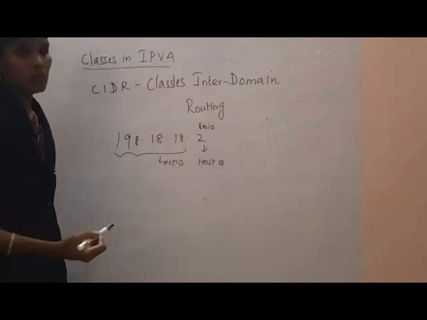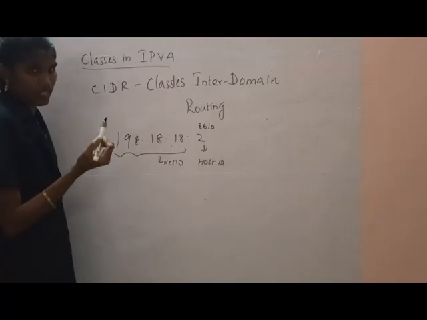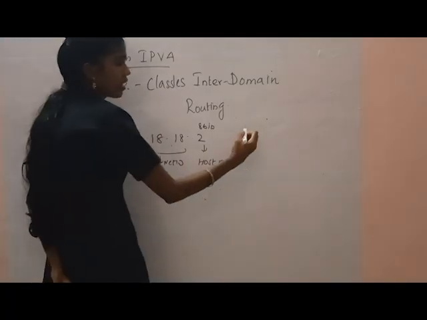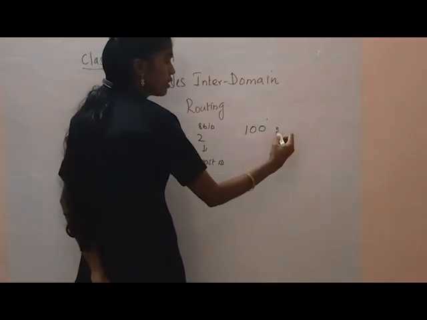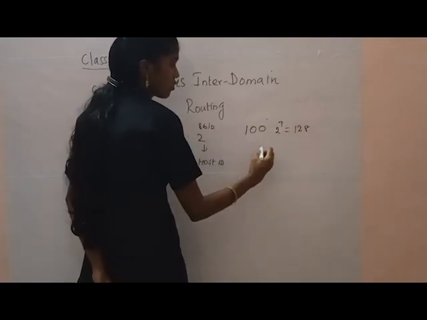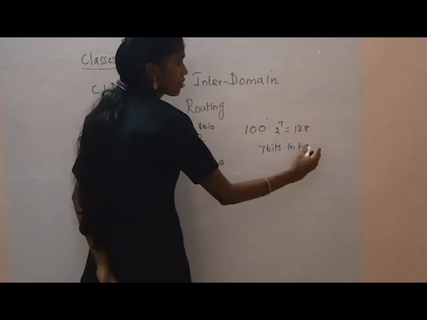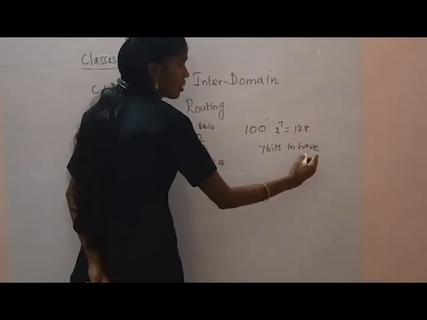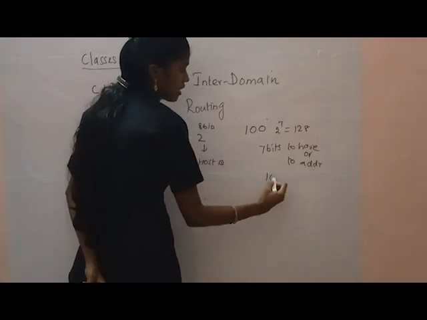Okay. Now in this case, if you have 100 devices, the nearest 2 power number is 2 power 7, which is equal to 128. So 7 bits are needed to address 100 devices.